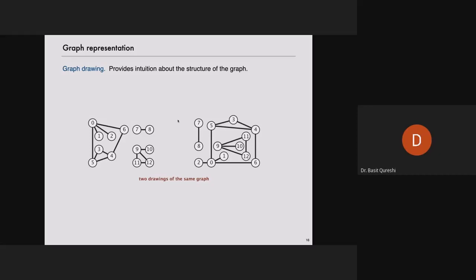It's not connected to the rest of the graph, but it's sitting right there in the middle of it. So what we're trying to say is, when you're drawing the graph, it is possible that you have completely different shapes, but essentially it is the same graph. What really defines the graph is the definition: how many vertices there are, and for each vertex how it's connected to other vertices using different edges.